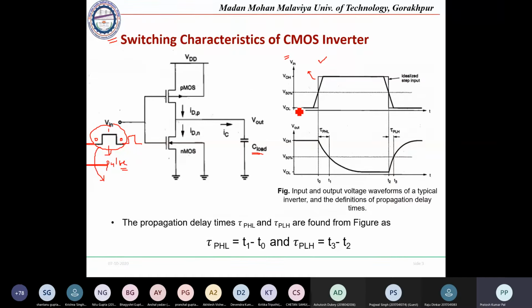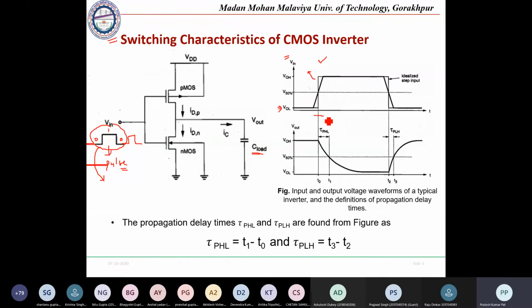A practical pulse will have a low value that will not be equal to 0 all the time. It will have some value very close to 0, that will be represented by VOL that we have seen while calculating. In some cases it could be 0, it could be some positive value. Before switching from low value to high value, and that high value could be VOH, it will take some time.